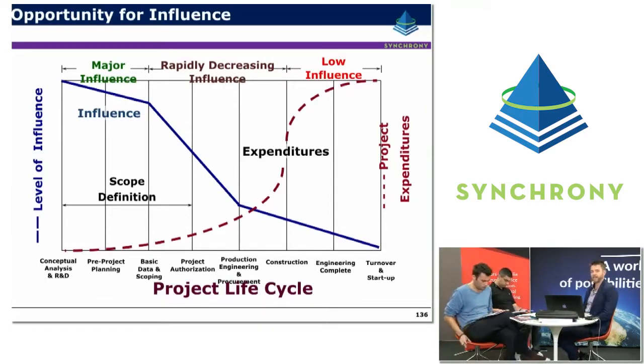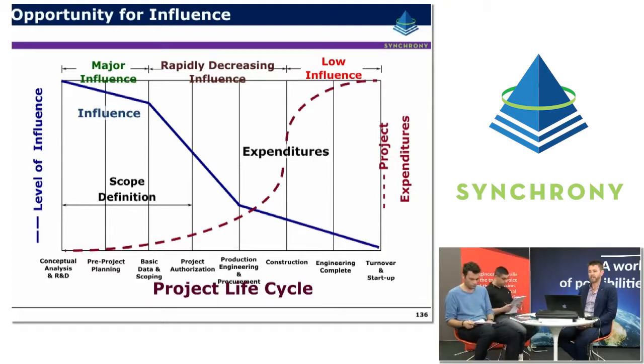So you may have seen this visualization, which provides a conceptual representation in the project life cycle of where you have the most opportunity to influence the costs on the project, or the value that's generated from a project.